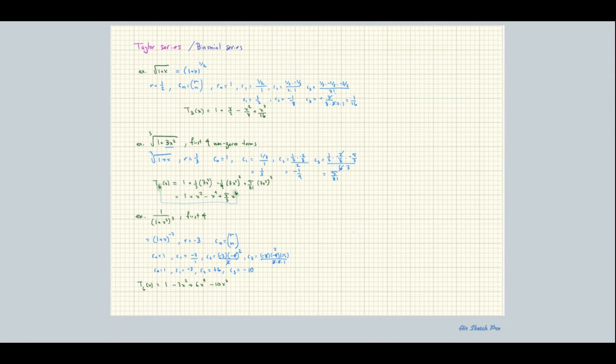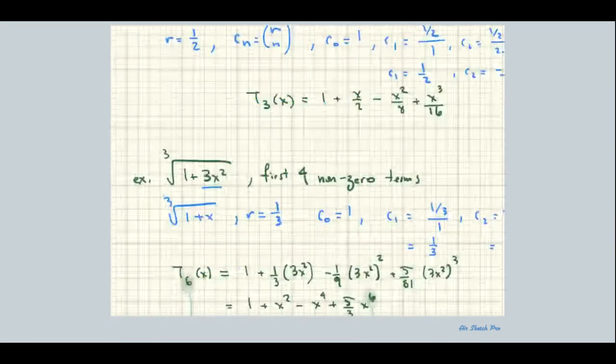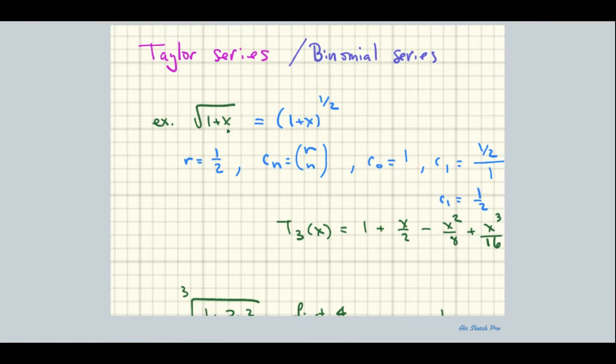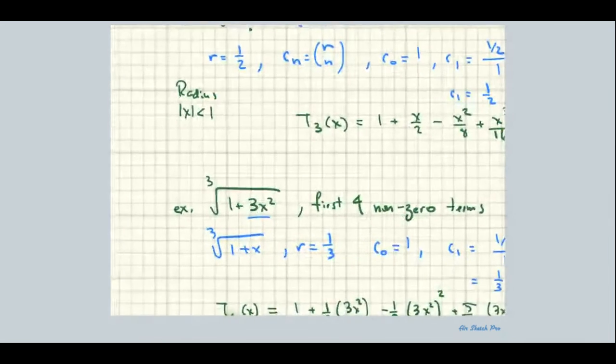If you do the substitution, what ends up happening is I wanted that x to be less than 1 for convergence.